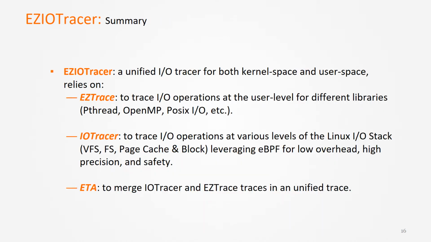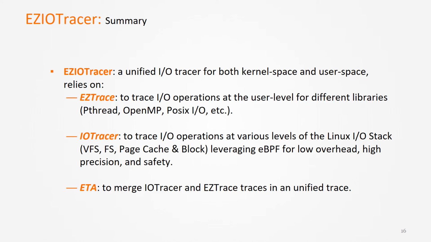This slide presents a summary of the design of IOTracer. IOTracer involves several components. The first one is EZITrace to trace IO operations in the user space of different libraries like pthread and OpenMP.